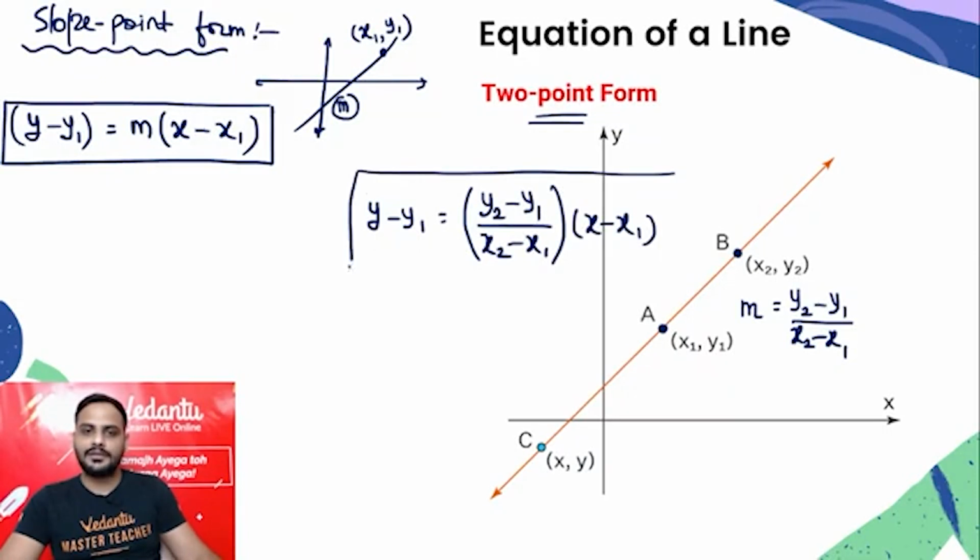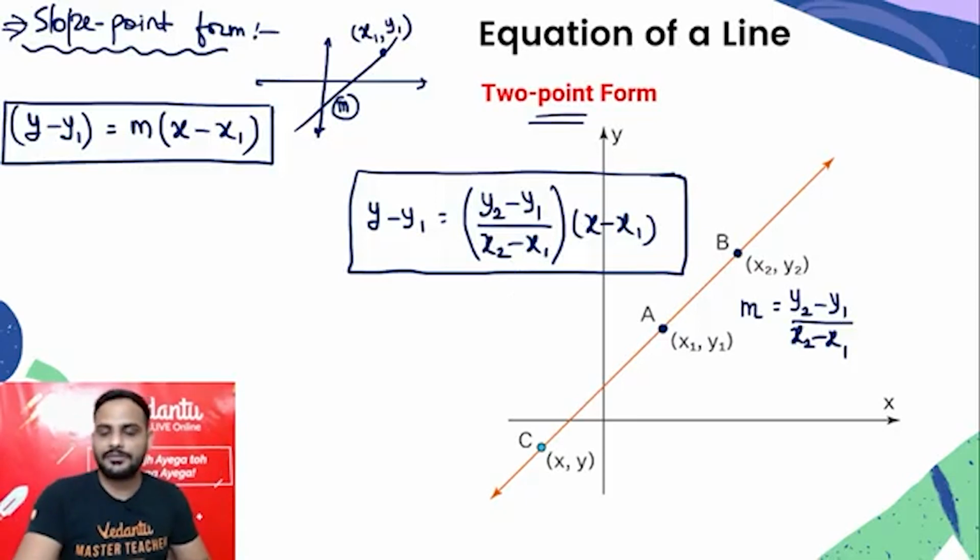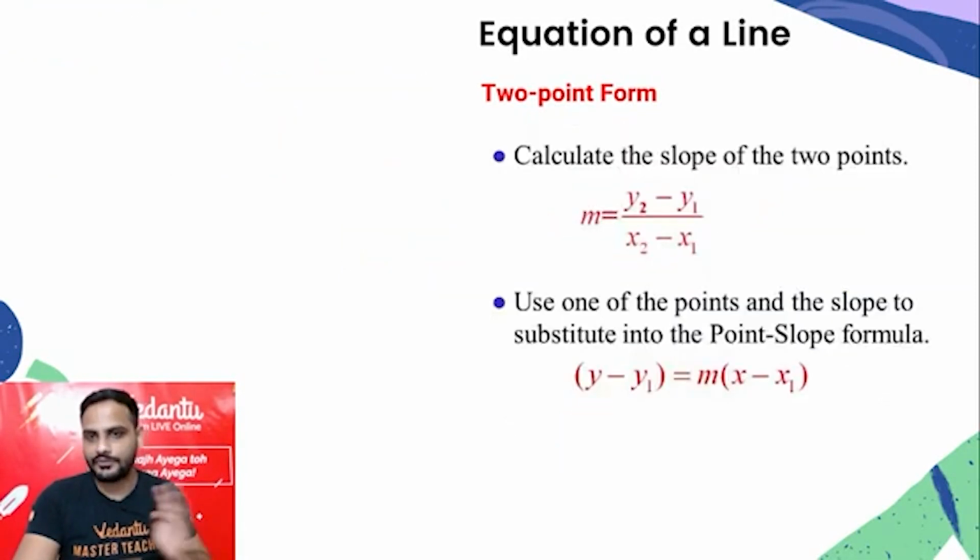This will be your 2-point form. When you know the slope point form, the only thing you have to do is find out the slope, nothing else. So these are the 3 forms of equation which you have learned.